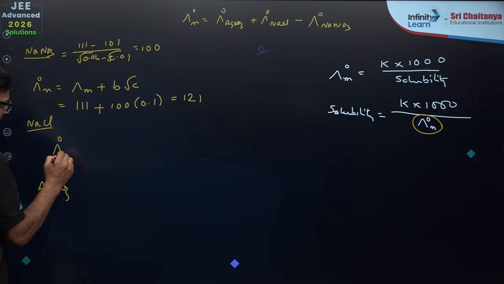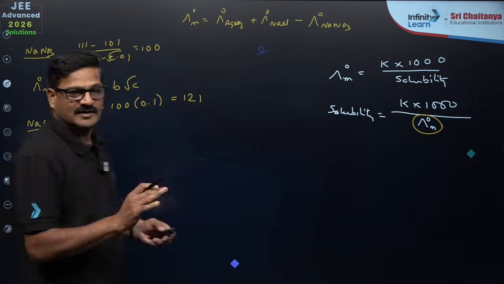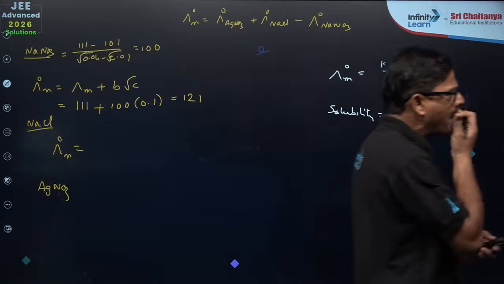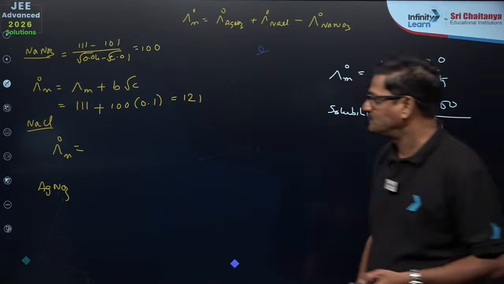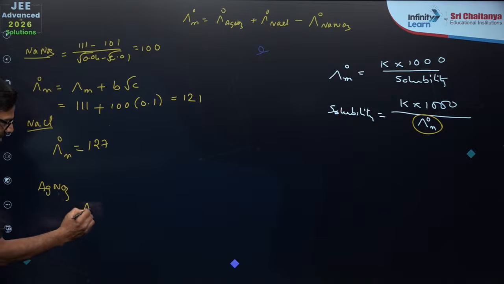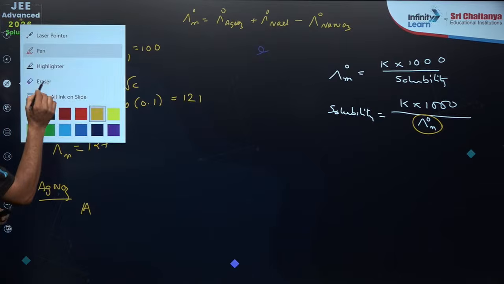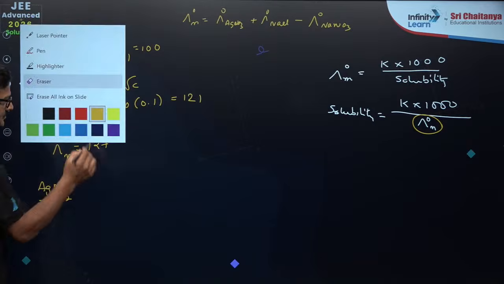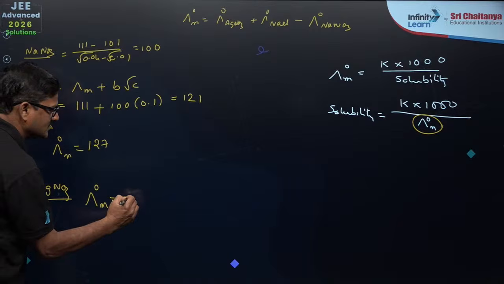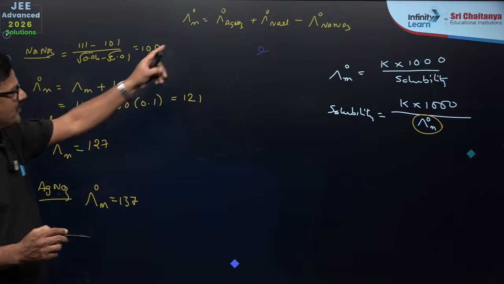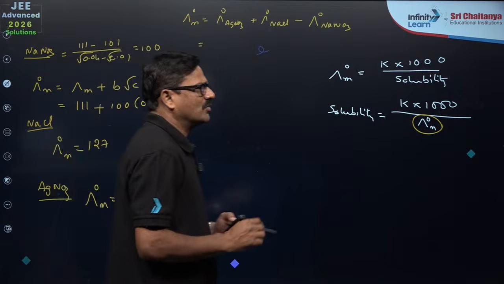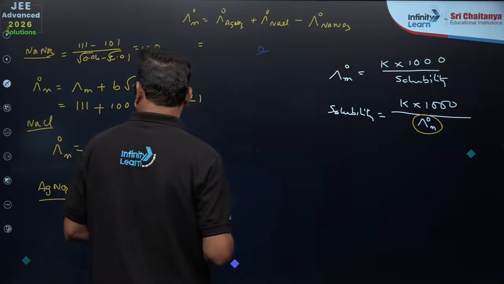Similarly, for molar conductance, the same way you can calculate, it is coming to be 190. It is going to be 127 and here it is going to be 137. So the formula is available for us, and put it here. For AgNO3 you are going to get 134.